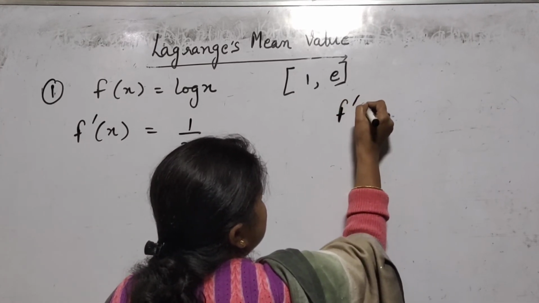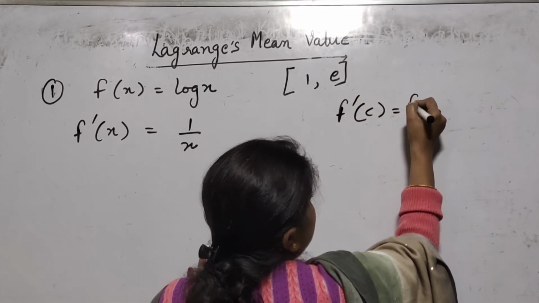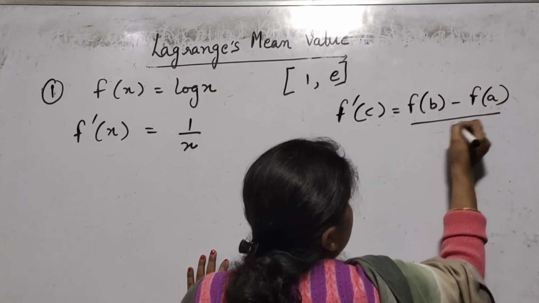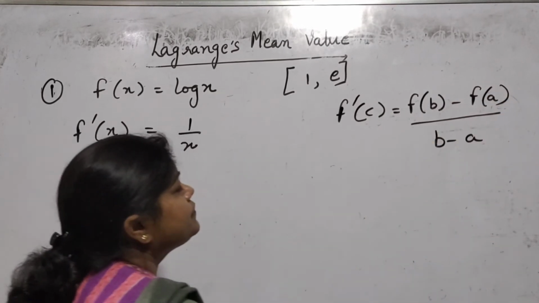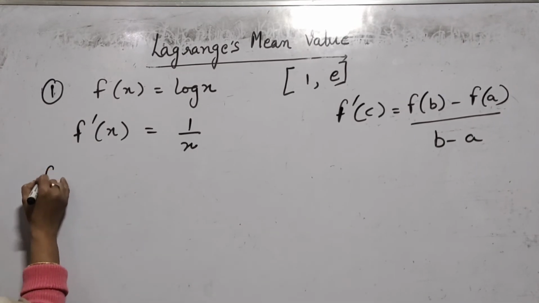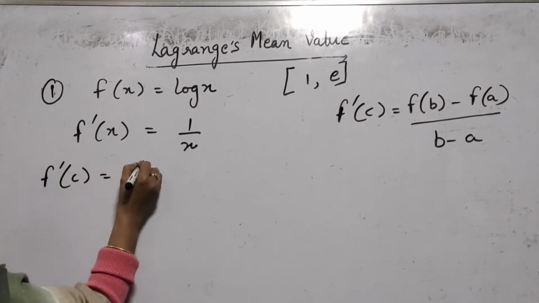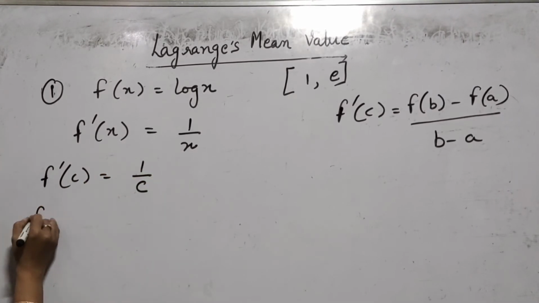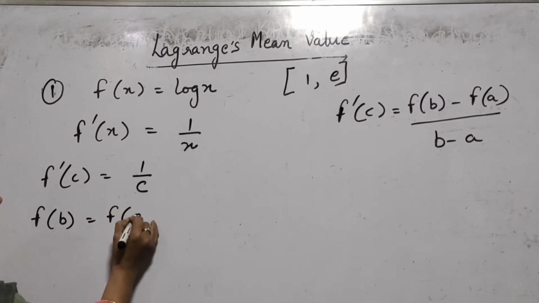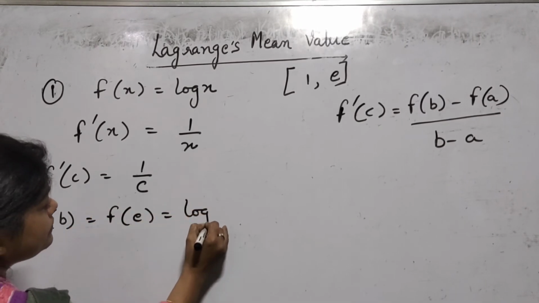There exists a point c such that f dash c is equal to f of b minus f of a over b minus a. As we did earlier, we have to find the different values. So we have f dash c is equal to 1 over c. Now f of b, that is f of e, is equal to log e.